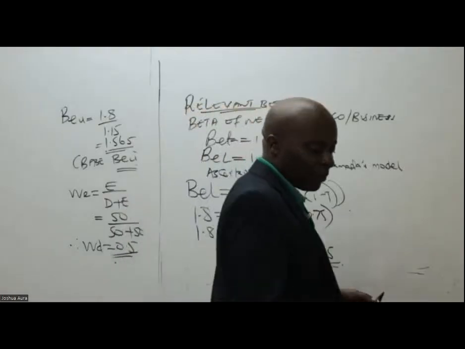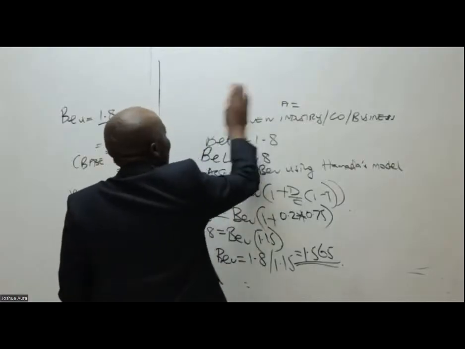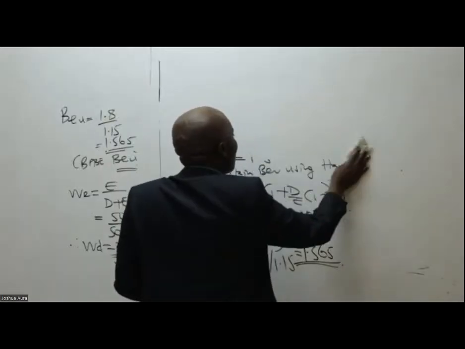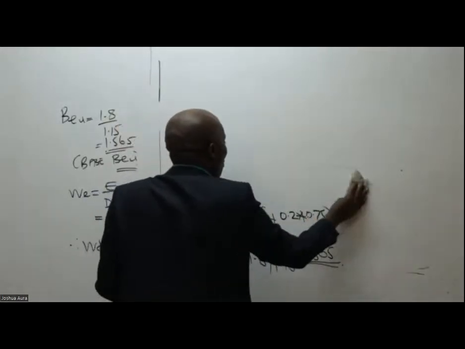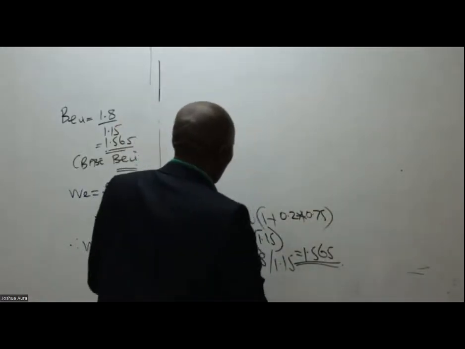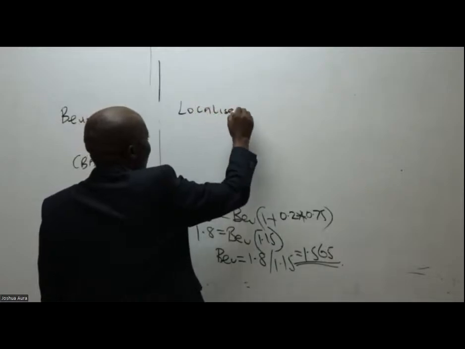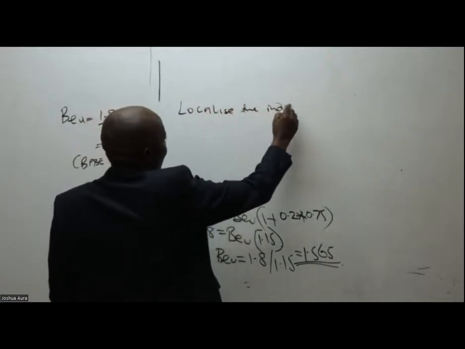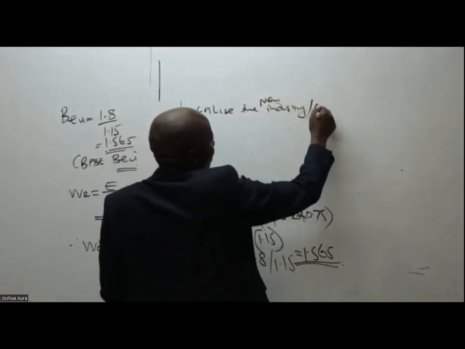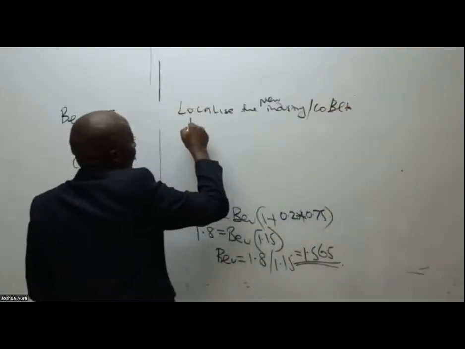Now from there, ladies and gentlemen, the next thing, using this base beta, I should be able to localize. So you localize the industry, new company or new business beta to the firm.